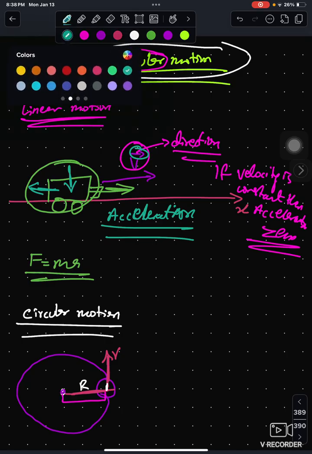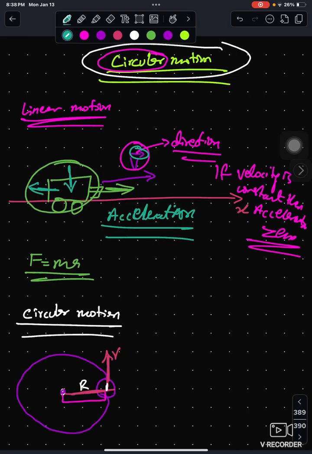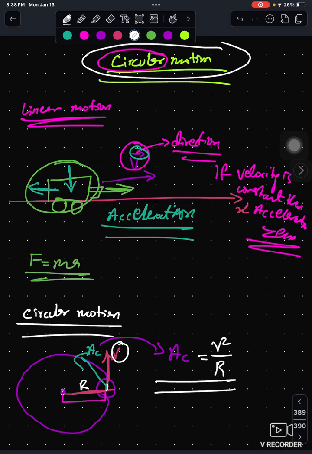Over here we have acceleration, and this acceleration is the product of velocity squared over r. Acceleration c means acceleration in circular motion.